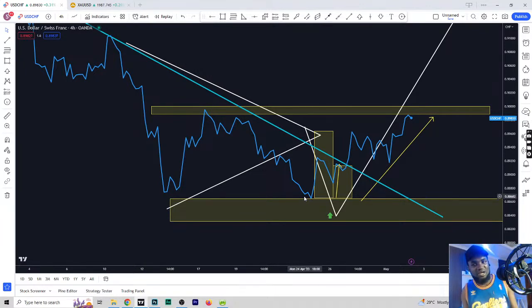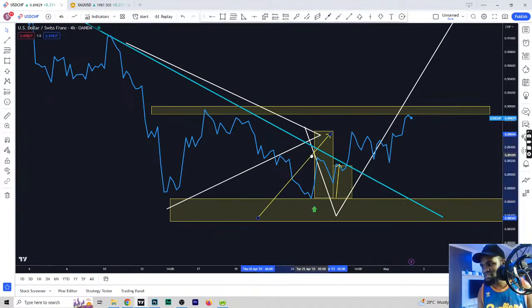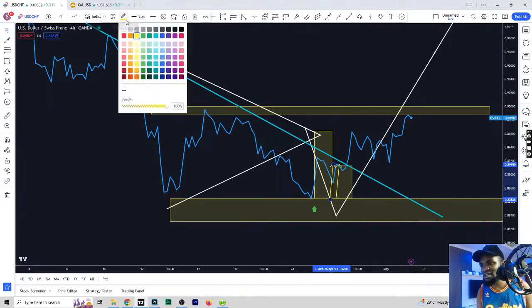After breaking out of our wedge pattern, or triangle pattern, you take advantage of a buy here. After buying here, you need to get out on this level. You get out on a half of the stuff.